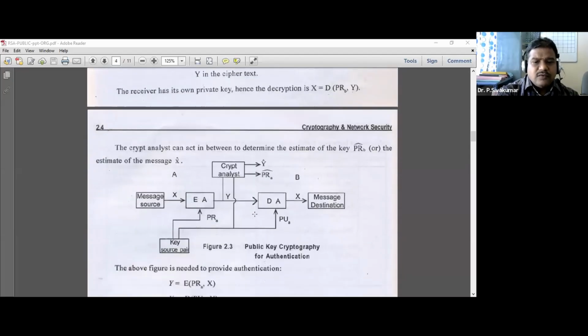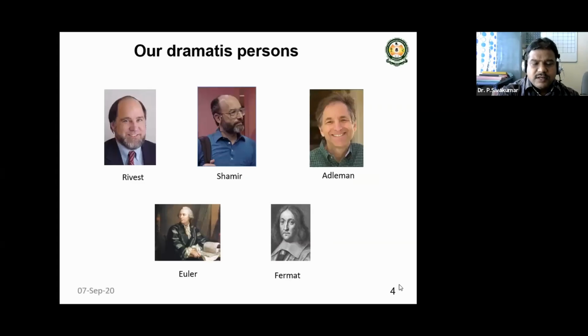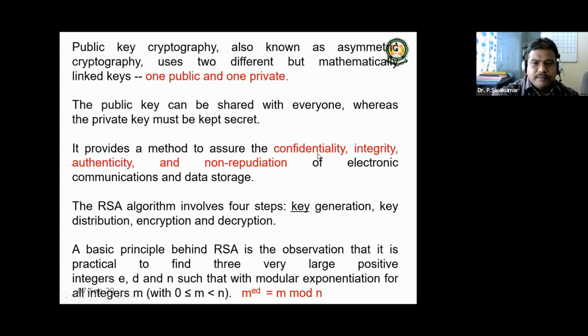Just the opposite for authentication: the source's private key for encryption, and for decryption the source's public key. Okay, this is how to provide authentication and confidentiality. Now you can understand. Then you can go for the RSA algorithm.